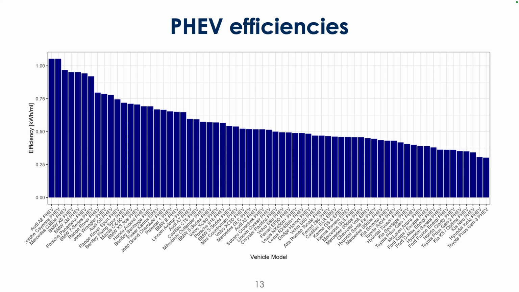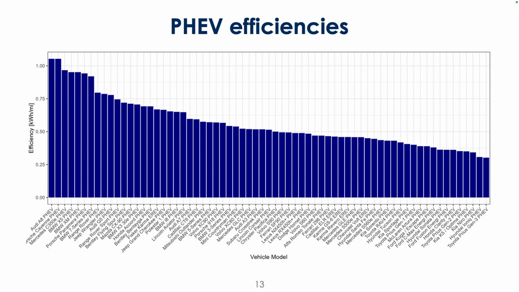Okay, for plug-in hybrids, we have anywhere between 1 kilowatt hour per mile, which is very inefficient, all the way down to about 0.25 kilowatt hours per mile, which is the high-end efficiency, comparable to the full battery electric vehicles as well.